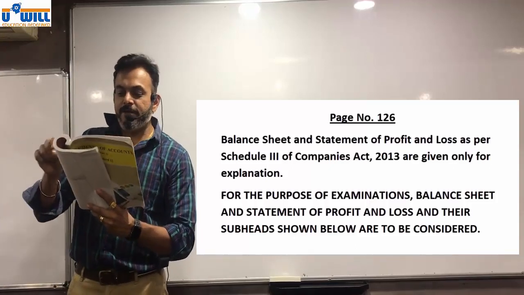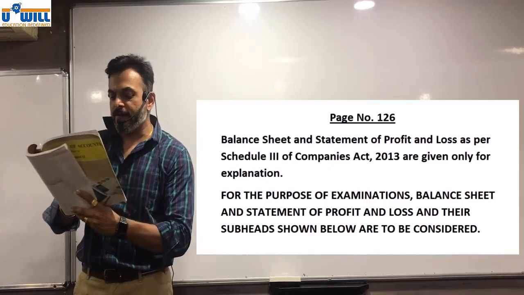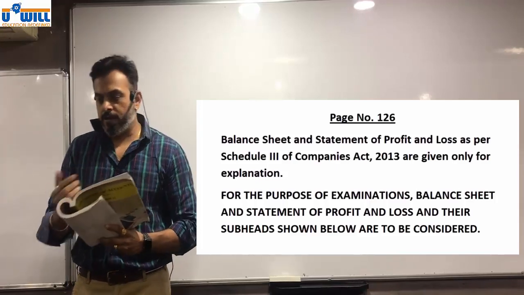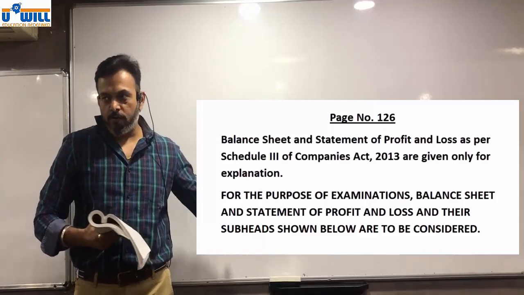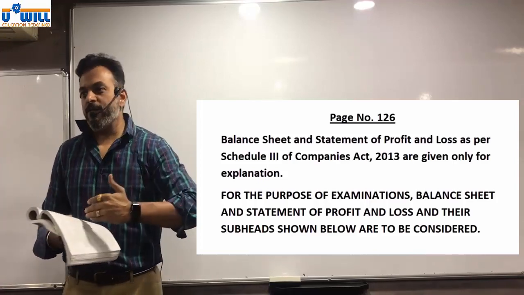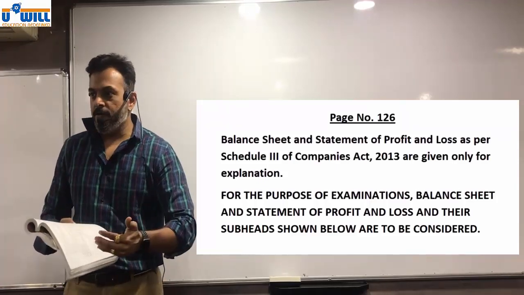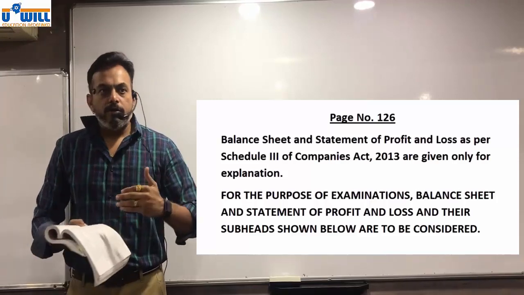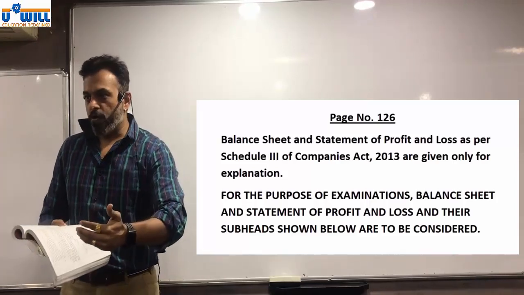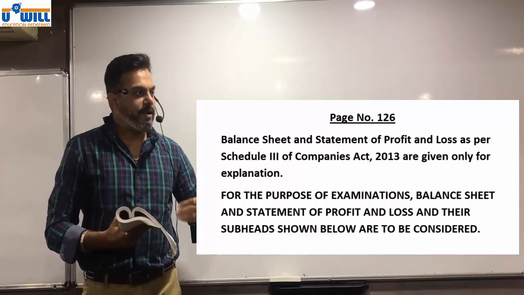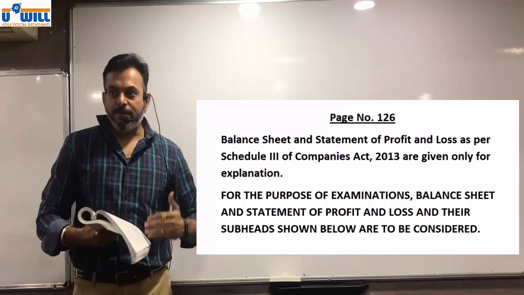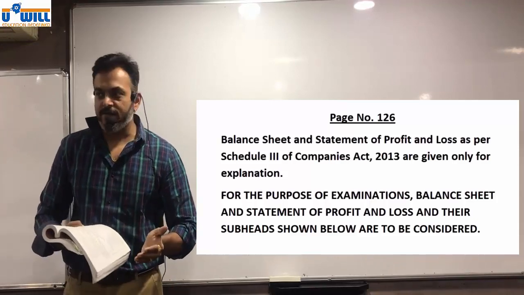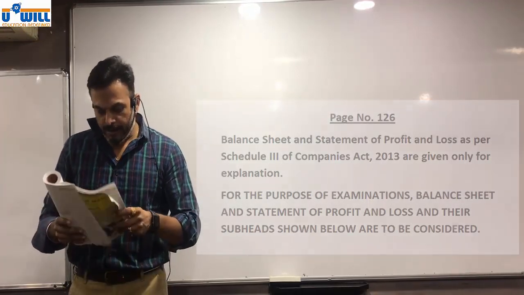For the purpose of examination, balance sheet and statement of profit and loss and their subheads shown below are to be considered. यानी अभी जो हम पढ़ रहे हैं बैलेंस शीट और प्रॉफिट एंड लॉस अकाउंट, वो थोड़ा कंसाइज है. कुछ चीजें इसमें से एलिमिनेट कर दिए कंसिडरिंग इट्स अ बिगनिंग फॉर यू एट दिस लेवल. ओके, तो एक्चुअल जब तुम आगे के लेवल पे जाओगे तो तुम्हें जो पिछले जो फॉर्मेट दिया है वो फॉर्मेट लर्न करना पड़ेगा. तो ज्यादा कुछ डिफरेंस नहीं है, माइनर चेंजेस है. तो अगर ये फॉर्मेट तुम्हें बराबर आ गया तो उसमें दो तीन चीज ही प्लस माइनस है, तो वो तुम आराम से कर पाओगे. ओके, नाउ अभी हम प्रैक्टिस करेंगे ओनली बैलेंस शीट.